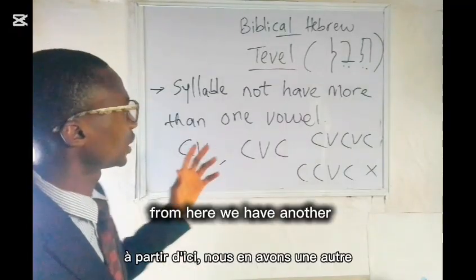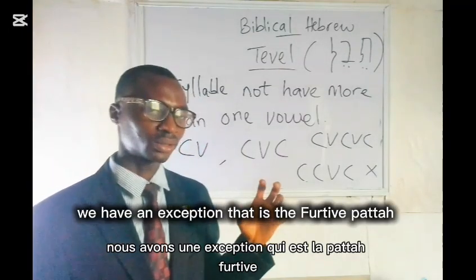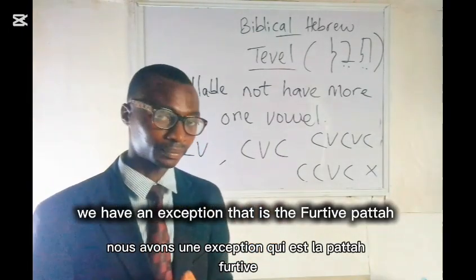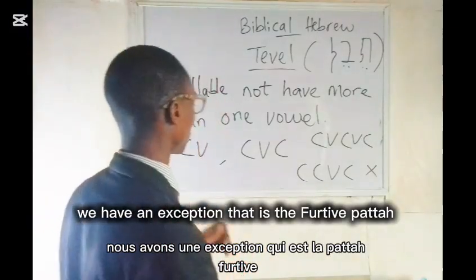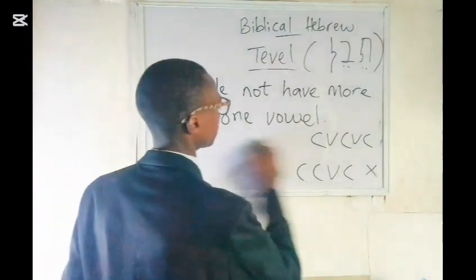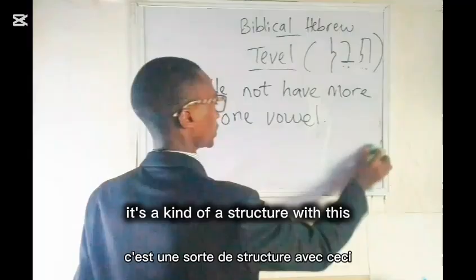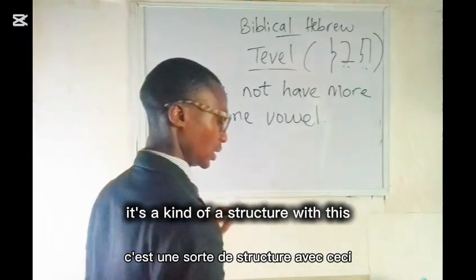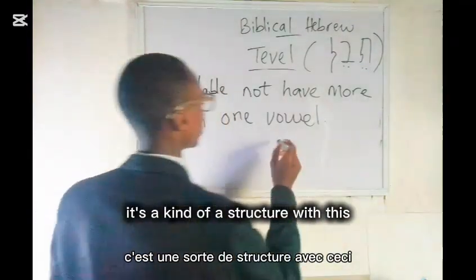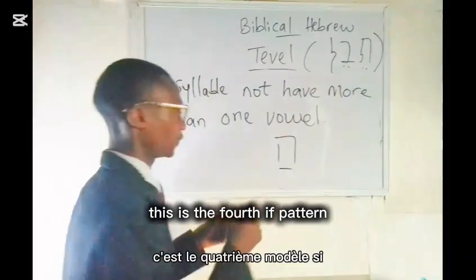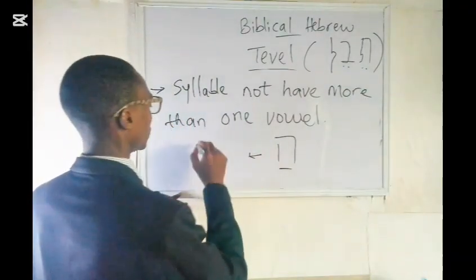So from here we have an exception. That is the 40th pattern. Simple enough. So the 40th pattern is a kind of structure with this.